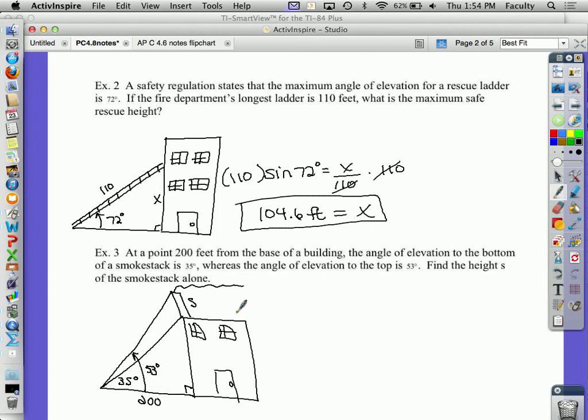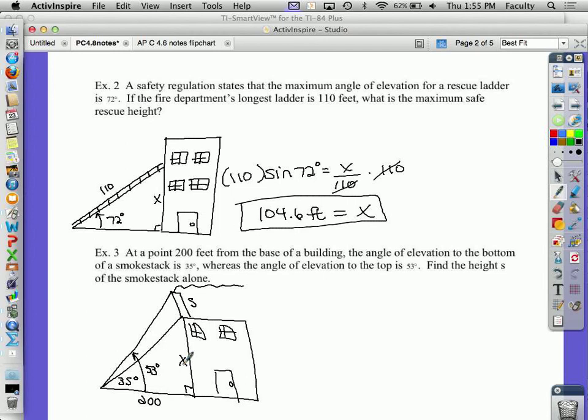Got one? Yeah, with tangent, you could find the height of the building first, and then after you find that, you find the height of the bigger one, and then you subtract the height of the building. Right, okay.